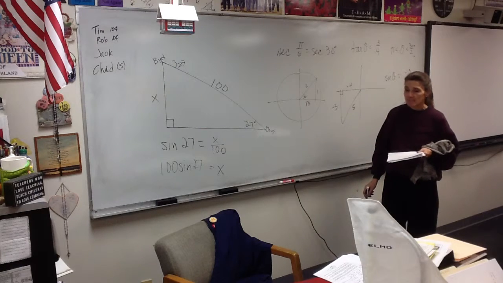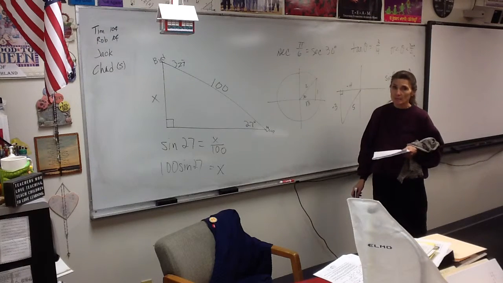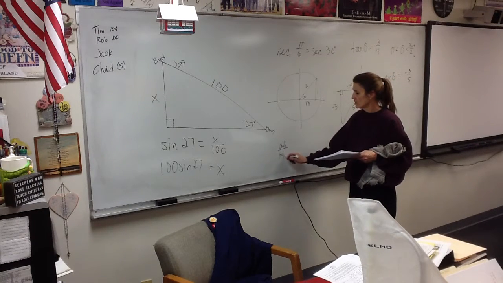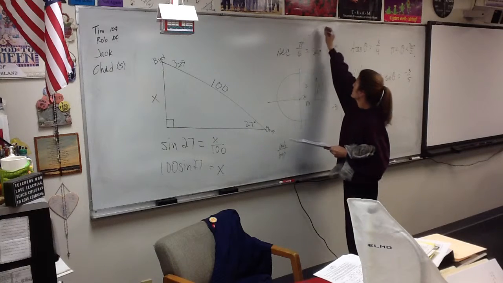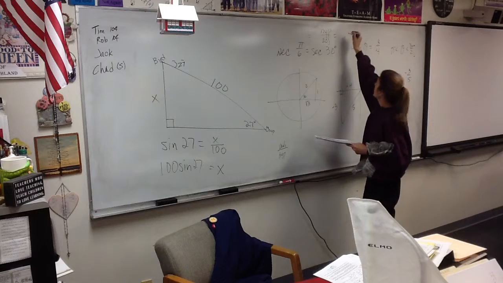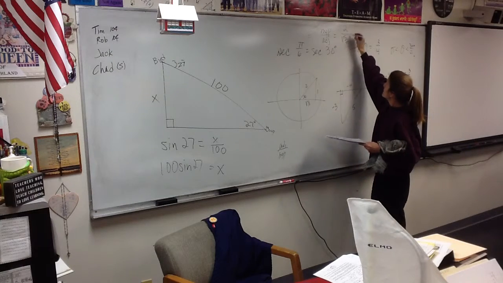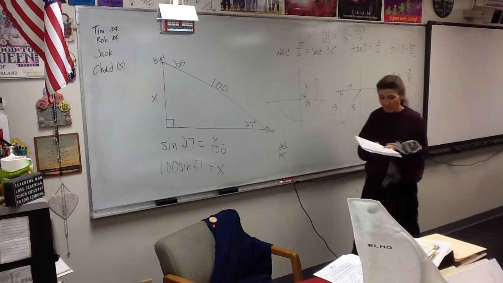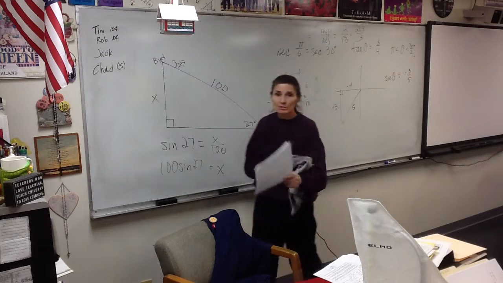Secant is the reciprocal of cosine. Cosine is adjacent over hypotenuse, so secant is hypotenuse over adjacent. That will be 2 over root 3, or 2 root 3 over 3. There's the answer to the question.